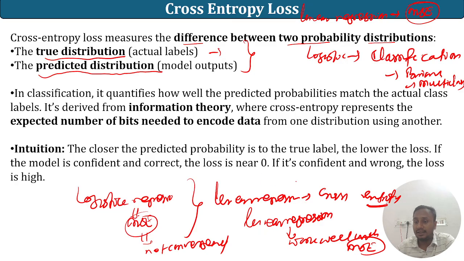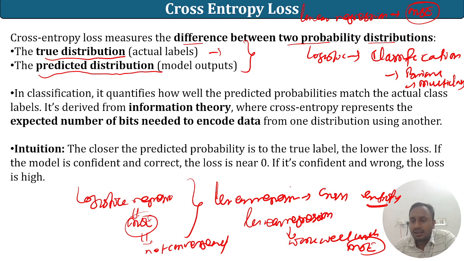The mean square error is not a probability; it's an error, just the difference we have. But classification actually deals with probability. So that's why we have to go with something called a probability distribution. That's how the term cross entropy came in.